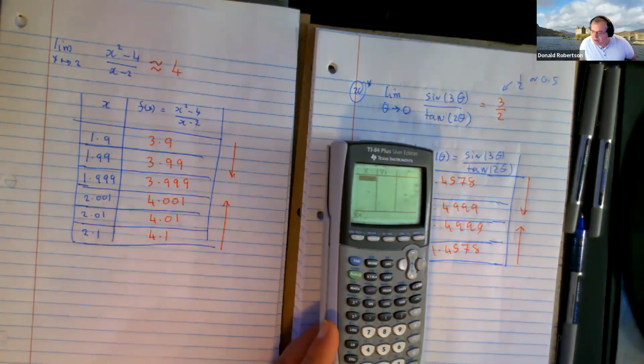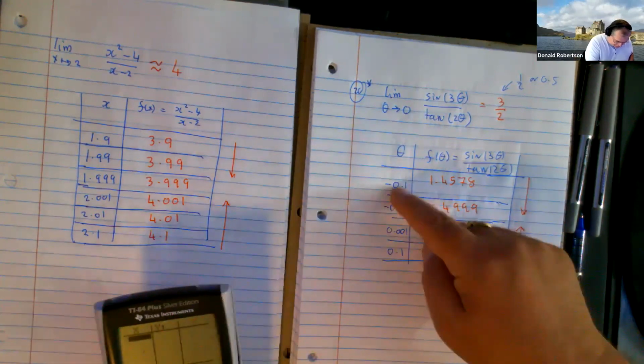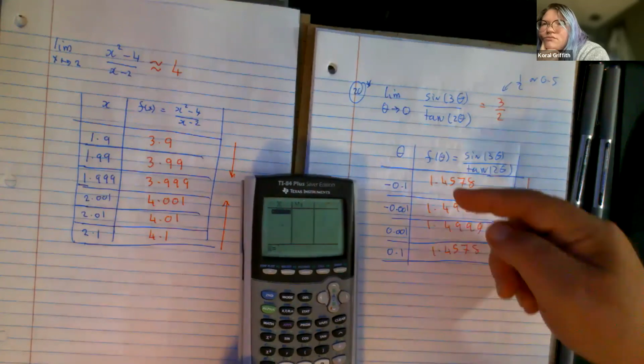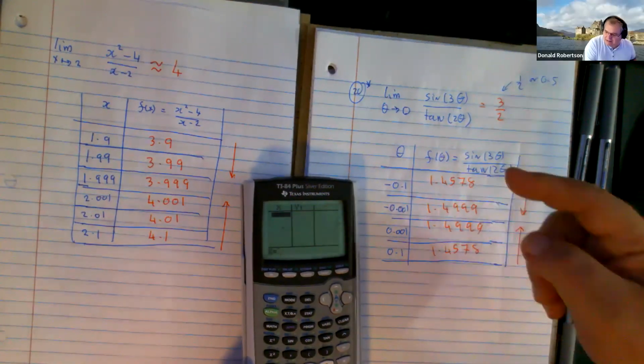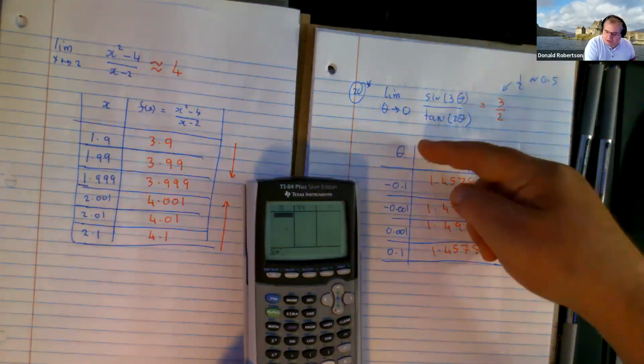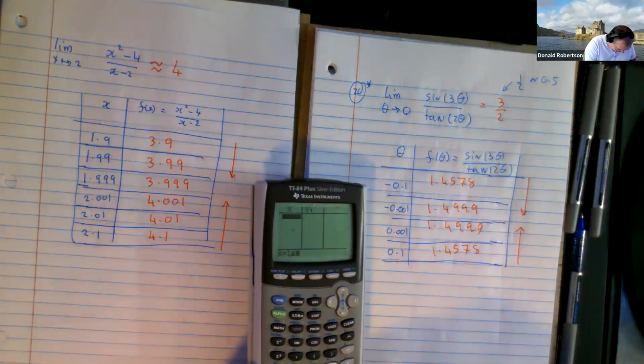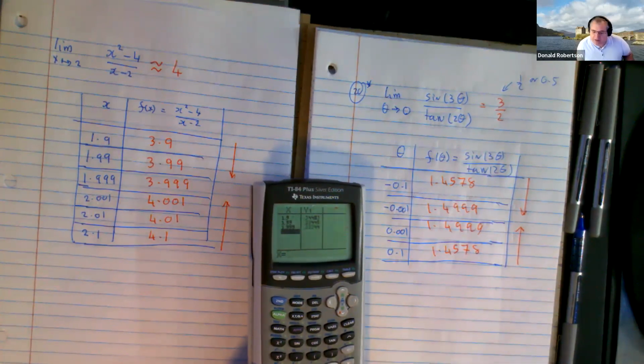Then you type in whatever your particular values are, because sometimes the question will be 1.9, 1.99, 1.999, and so on. I would do it like that.